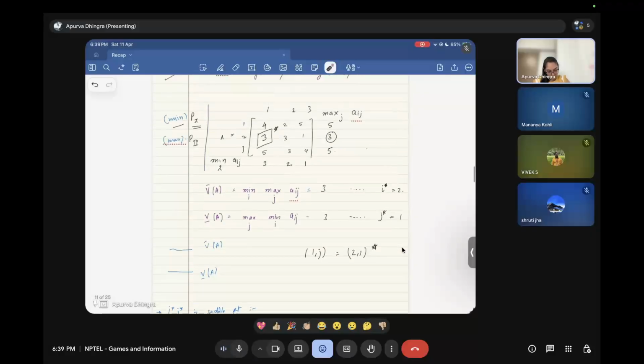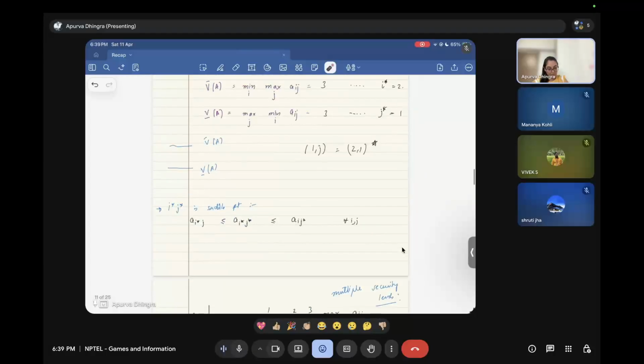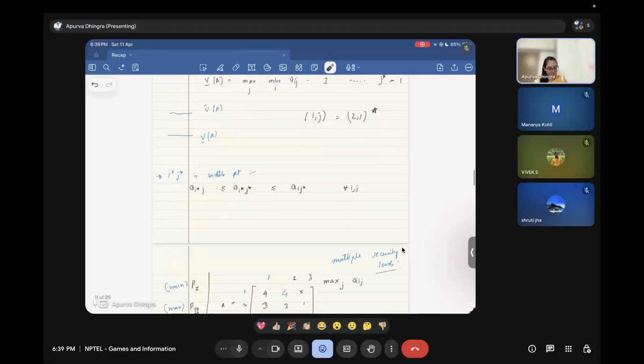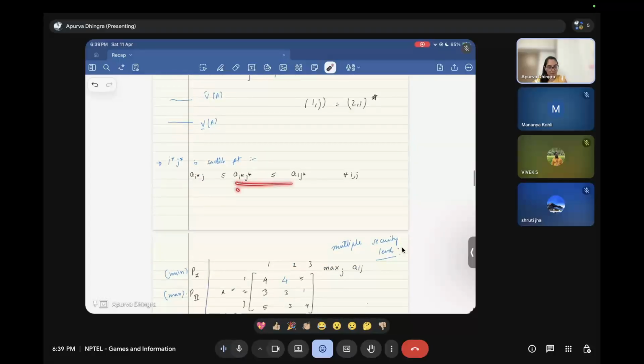So for example here, my claim is this is our saddle point. Then you fix a column and compare the values in each of the rows, and you say okay, here is where you get the minimum. So this part of the inequality.